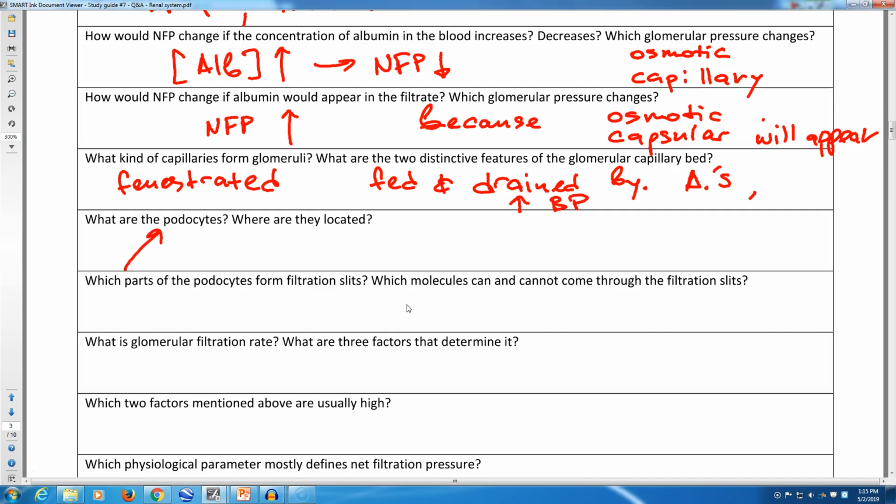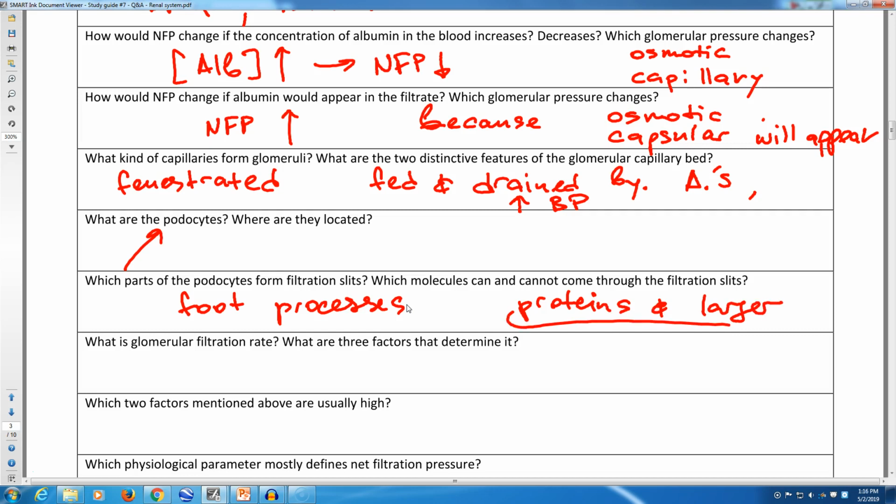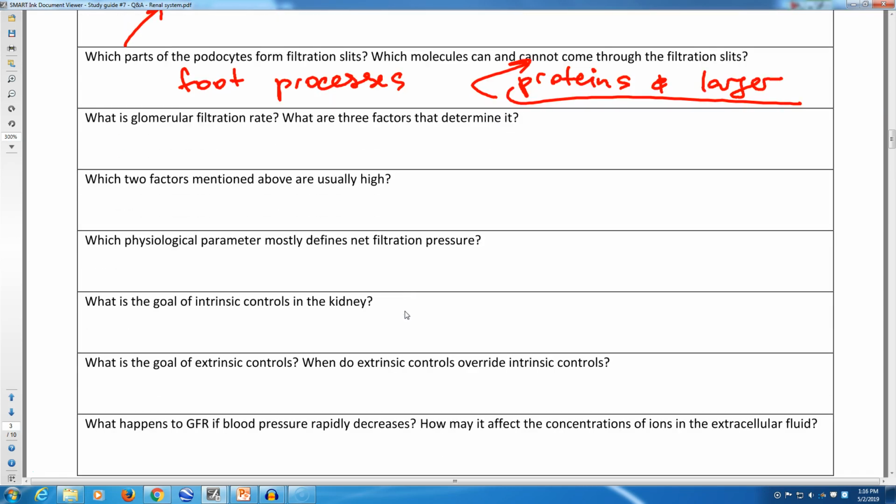Podocytes are cells that surround glomerular capillaries. Filtration slits are formed by foot processes. Proteins and larger molecules cannot come through the filtration slits.